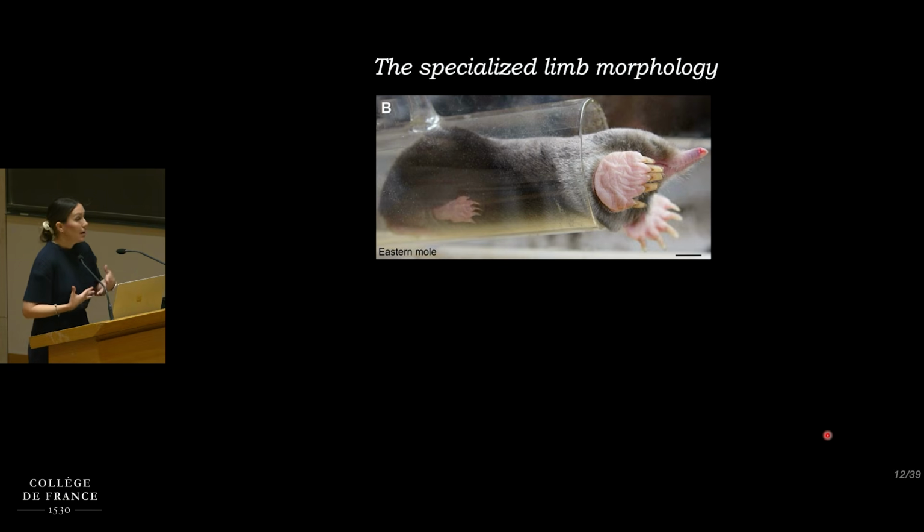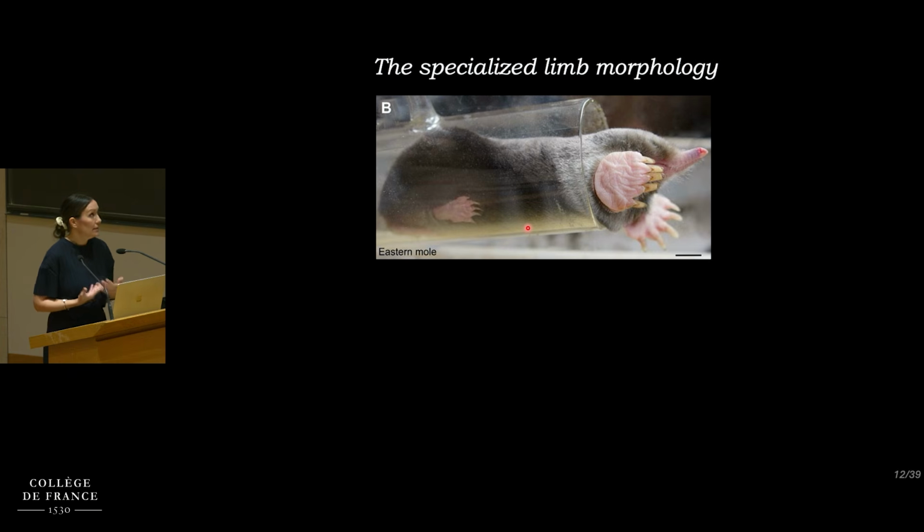And as I said, currently in my lab, we are working on trying to understand how the moles have this specialized limb morphology. And I really like this picture because it illustrates how the moles spend their entire life, right? So they are in these tunnels or in these galleries.